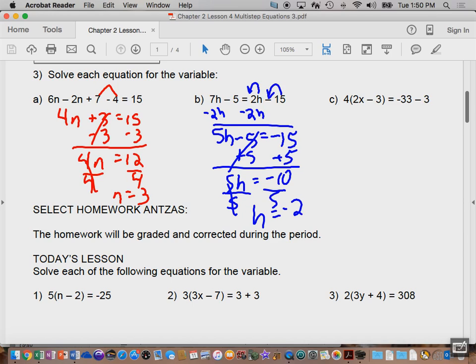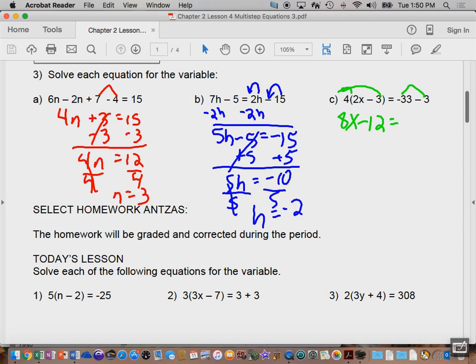Now, we take a look at the next one. What do you notice in the next problem? Number 8 outside the parentheses. What do I automatically do? Distribute. Good. So that'll be 8x minus 12. Oh, look. These guys are on the same side.